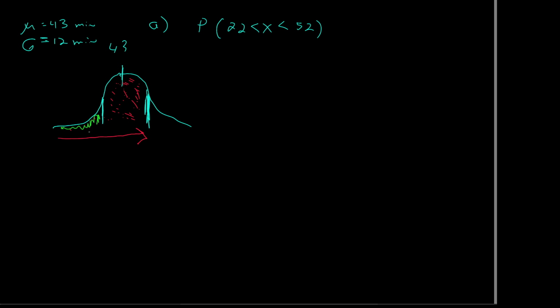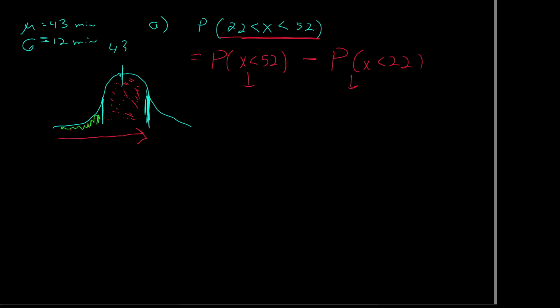Notice the green cancels out the red, or I've subtracted out a bit. And subtraction ends up being our key, because this is exactly the same as the probability of x being less than 52 minus the probability of x being less than 22. And so these intervals, we write like this.